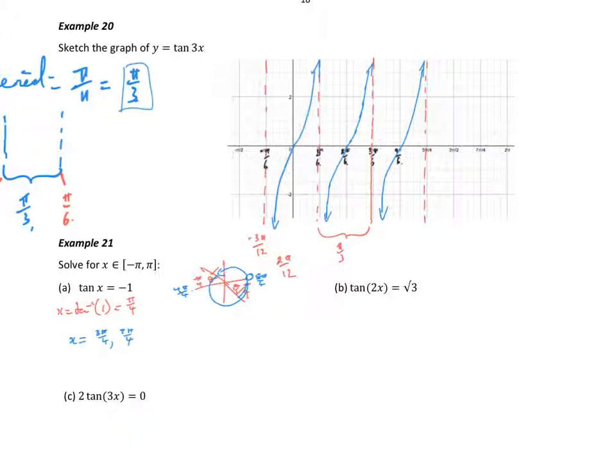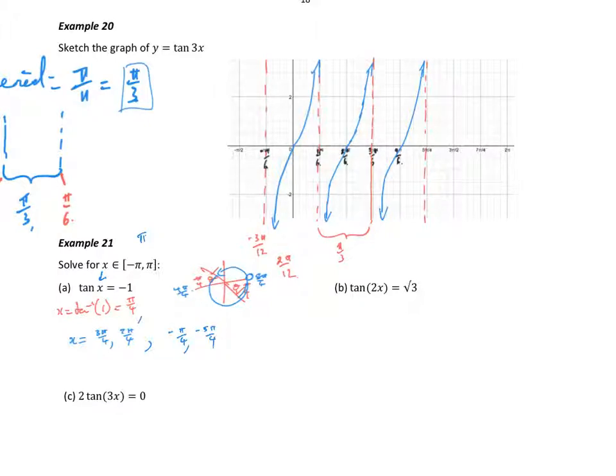If I just add and subtract the period, which is pi on n, so the period of my graph is pi. So if I subtract pi and add pi, which is 4 on 4, for my next two solutions, if I subtract 4, I get negative pi on 4. If I subtract another 4, I get negative 5 pi on 4.